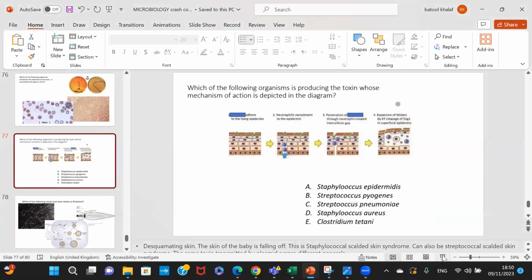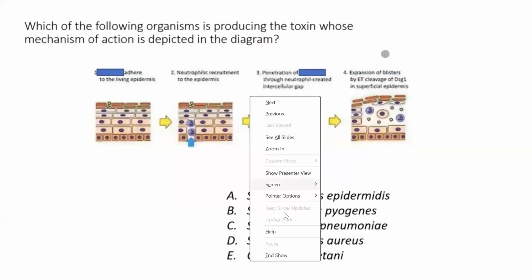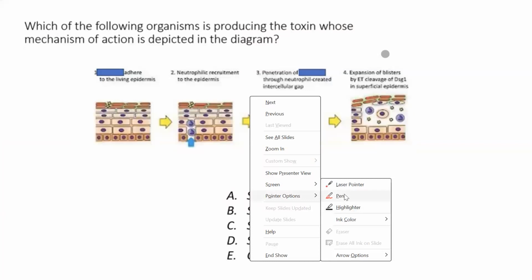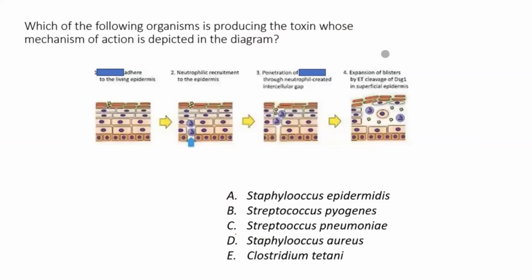Okay, everyone went with D, that's correct. There's also one more correct option. What causes skin conditions? B, exactly, pyogenes. Remember, it starts off with skin rashes and pharyngitis and scarlet fever.